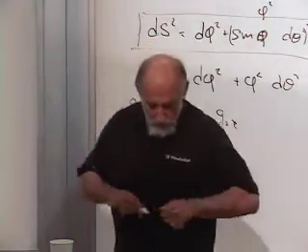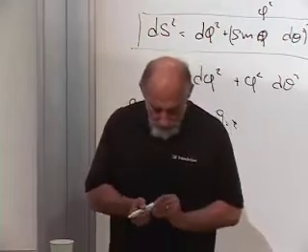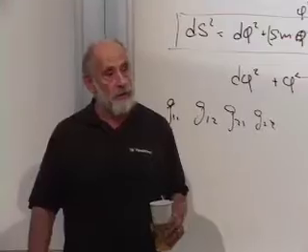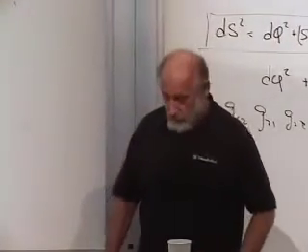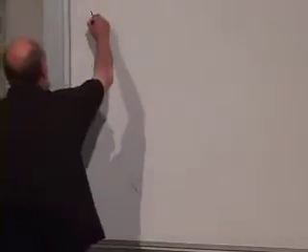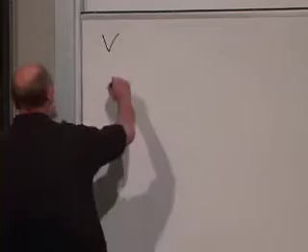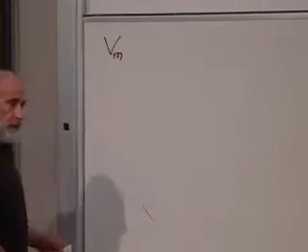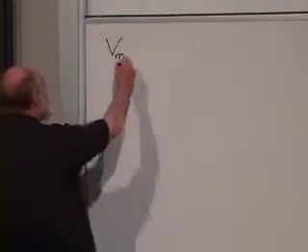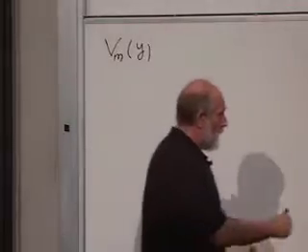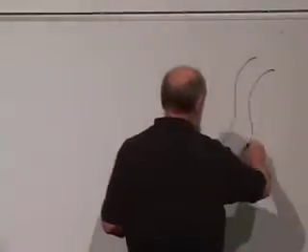OK, let's just go through the definitions of the transformation properties of the two kinds of components, covariant and contravariant. If I have a covariant set of components, covariant means lower, and they're now referring to a coordinate system y.